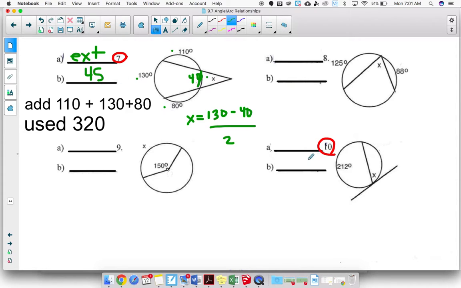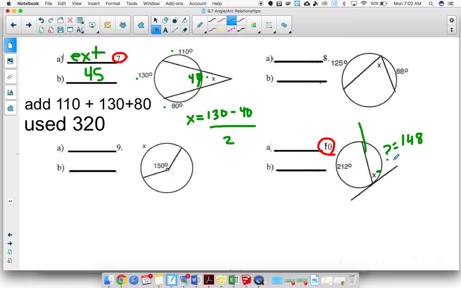Now the last one here, again, we're looking for this inscribed angle. So I need to know this arc that is cut off by that angle. Again, the 360 total is going to help us start this. We've used 212 on the left. So this arc would be 360 minus 212, which is 148.